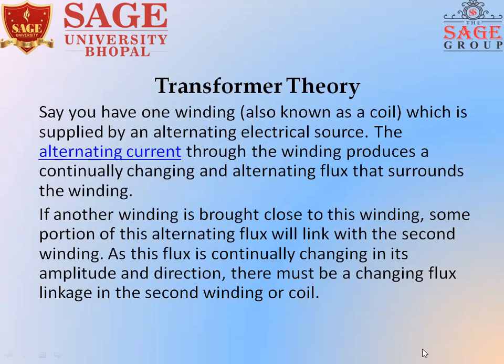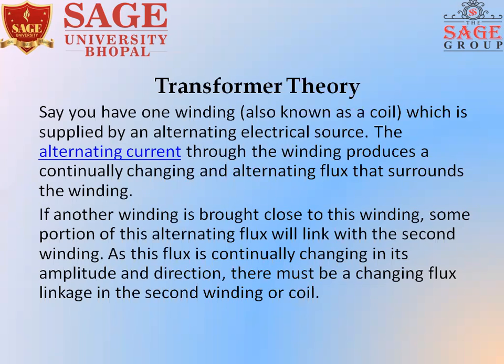So how does the transformer theory explain how it works? You can see here the primary winding and the secondary winding of the transformer, two windings, supplied by an alternating electrical source.